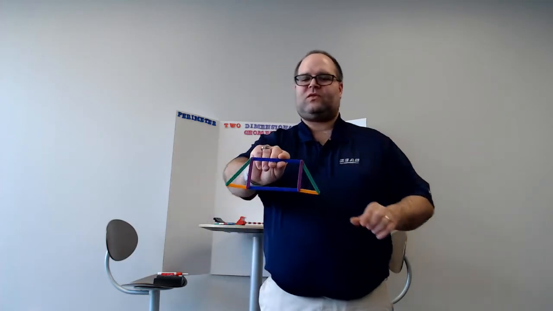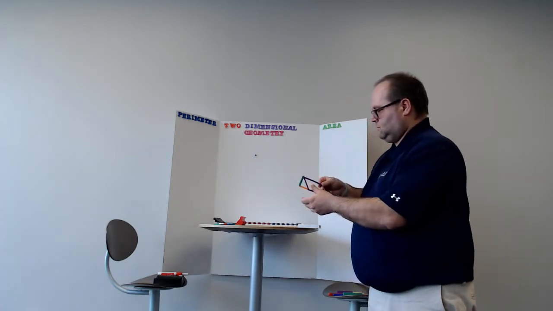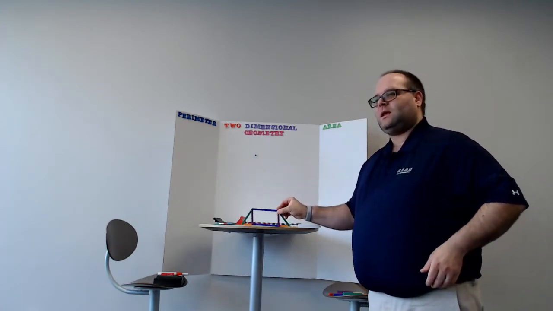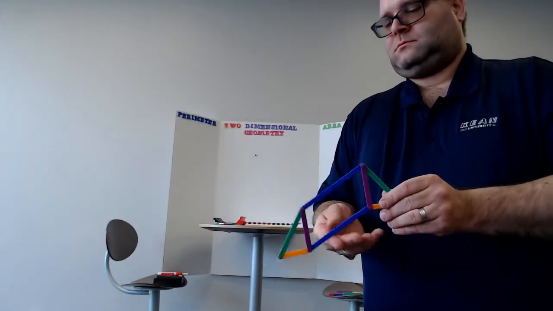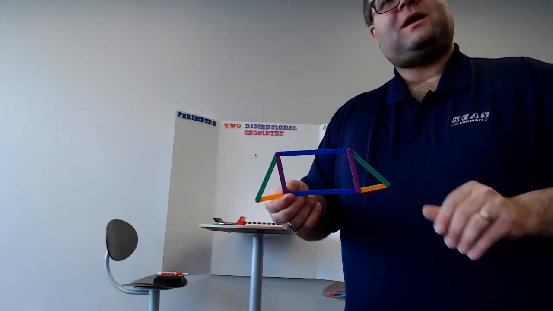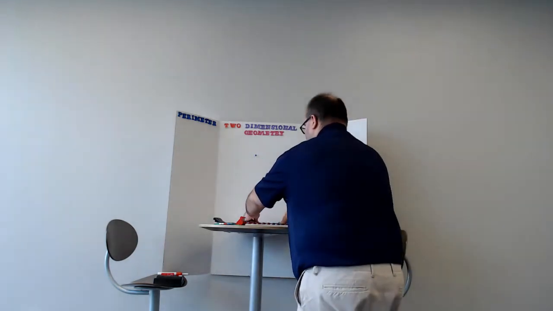So this figure here is a quadrilateral. It is made up of 3 shapes and it has 4 sides.